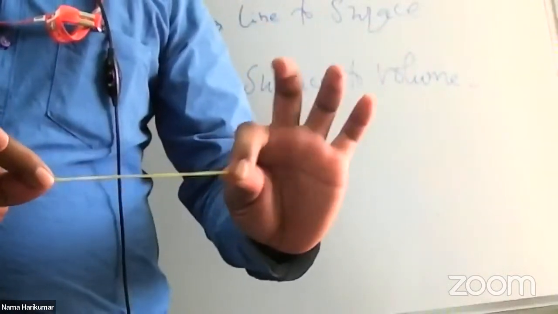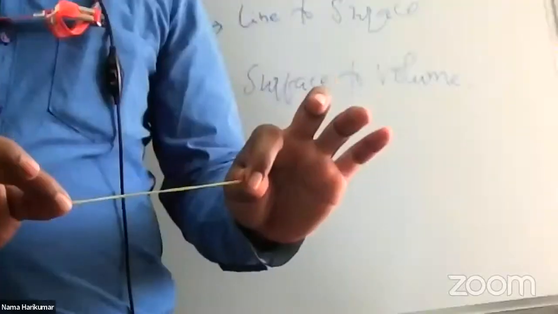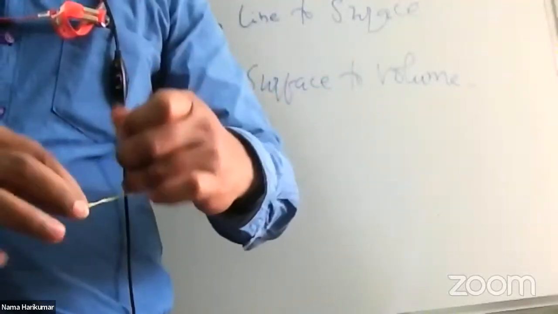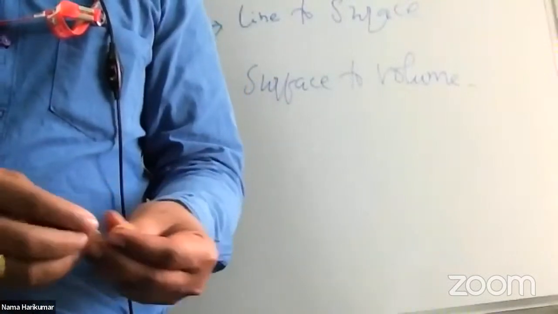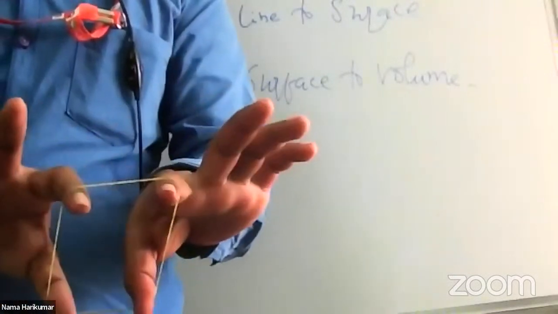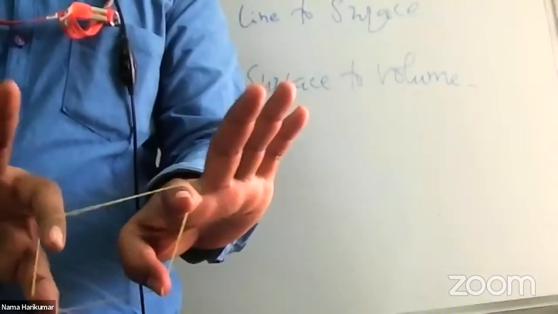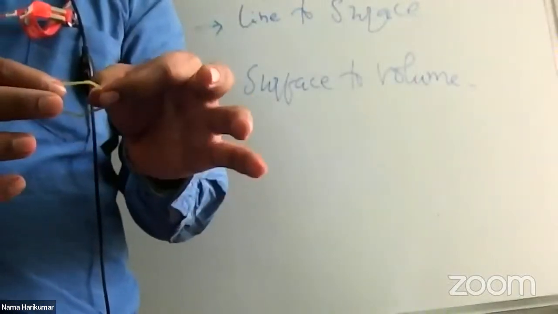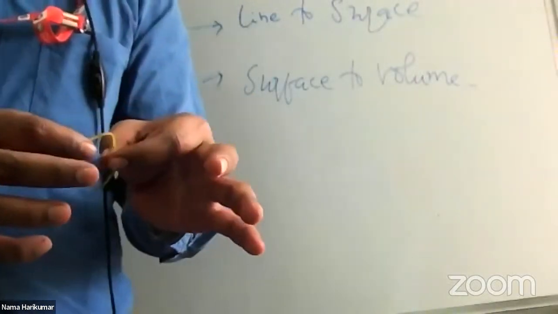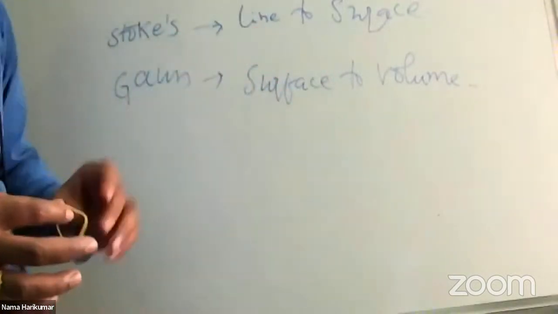Then we rotate it and modify it into a surface like this. So line to surface is possible, and that is Stokes theorem.